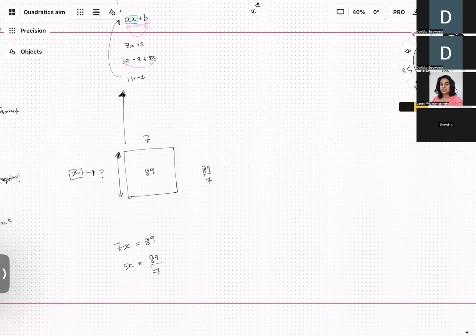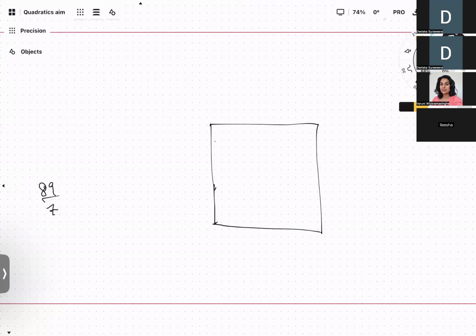But where it gets tricky is when we get to the nonlinear problem. Here, we had an unknown side, and everything else was known. But this problem, which might seem very simple, is actually a lot more tricky.